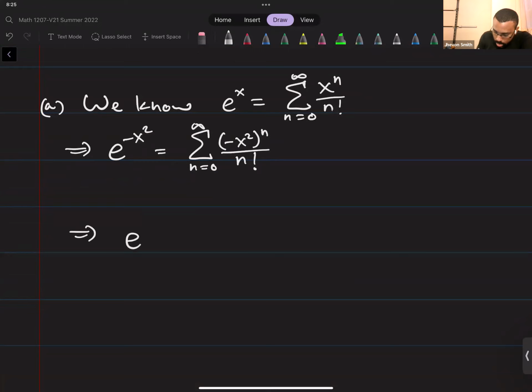So in other words, as a series, this is minus 1 to the n, x to the 2n over n factorial.